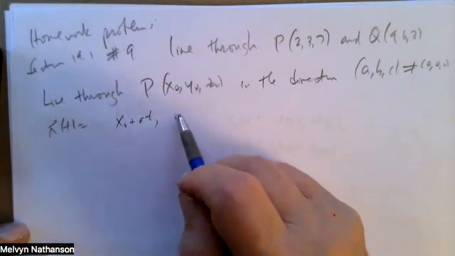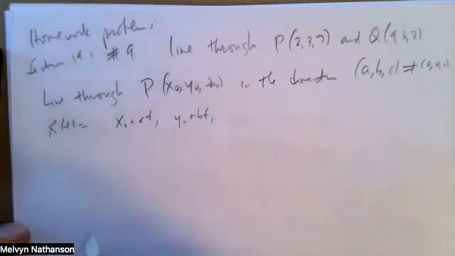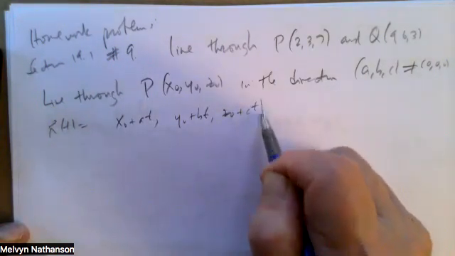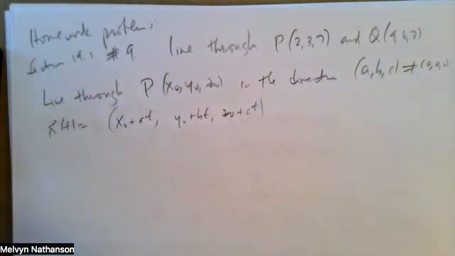Second coordinate is y naught plus bt. And the third coordinate is z naught plus ct. That's the equation of the line. These are the parametric equations of the line.